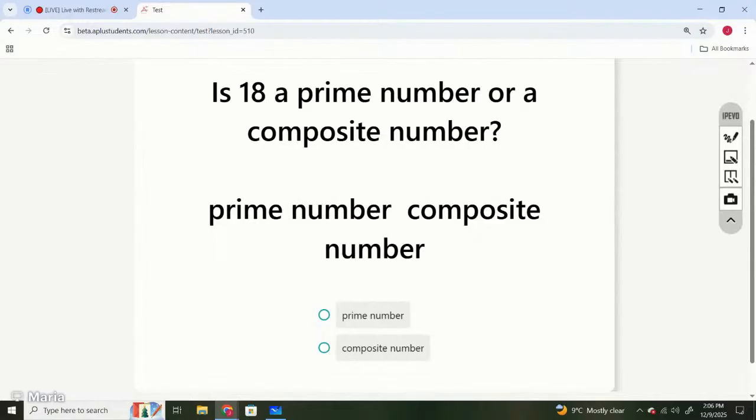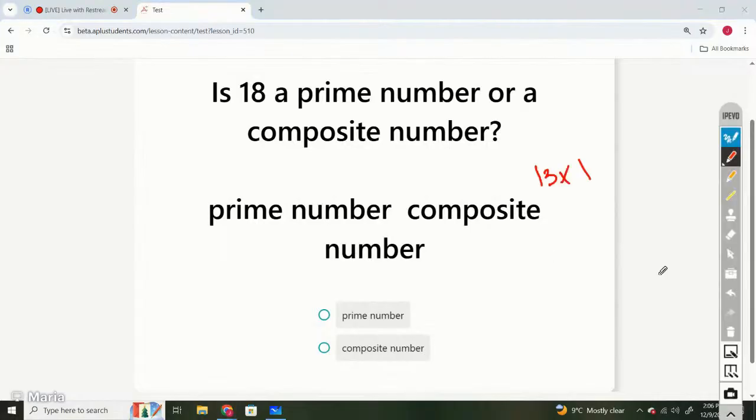So is 18 a prime number or a composite number? 18 has more than two factors, right? Composite number it is.